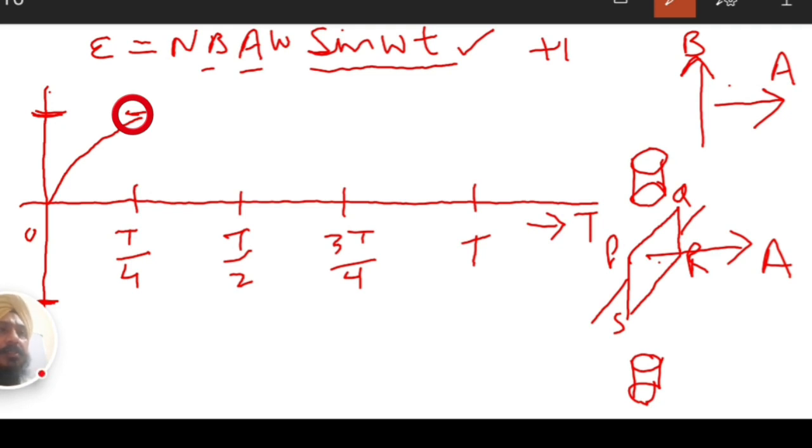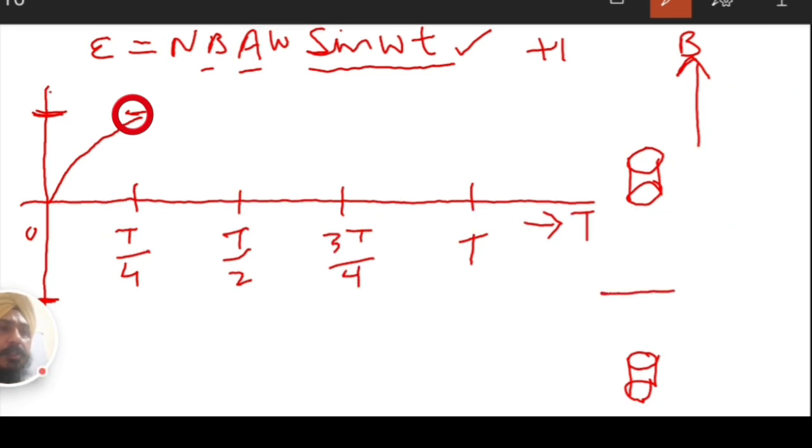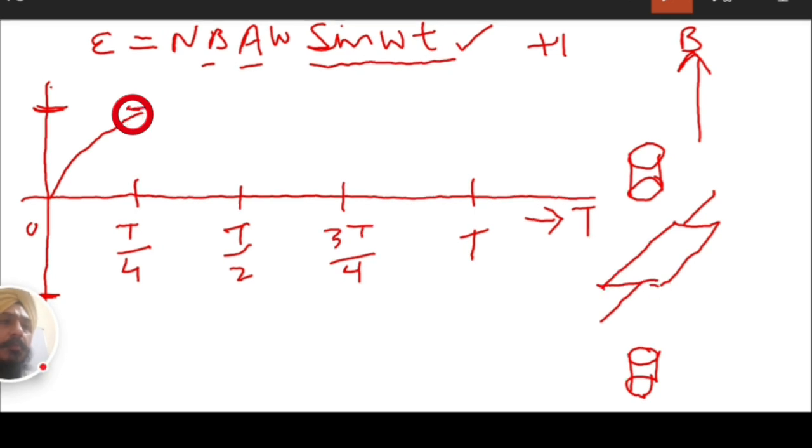And the third case, this position. So P point comes here, this is Q, this is R and S. So now area vector is downwards.